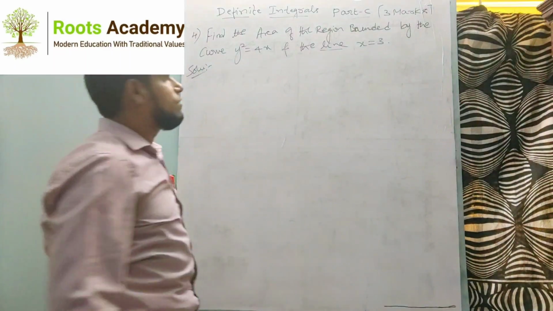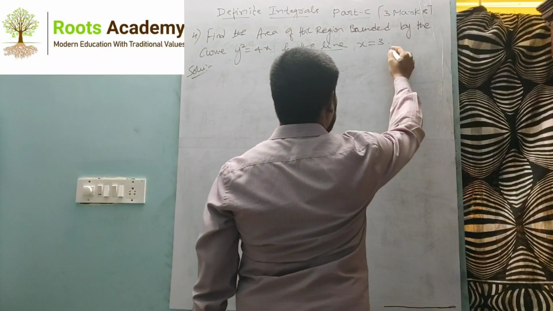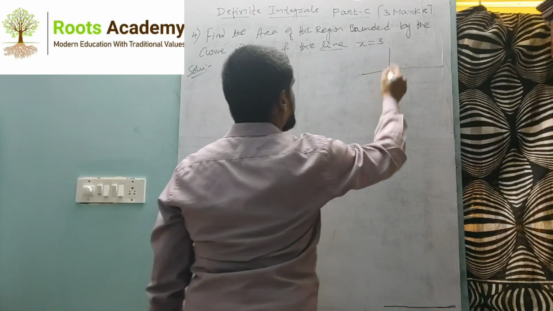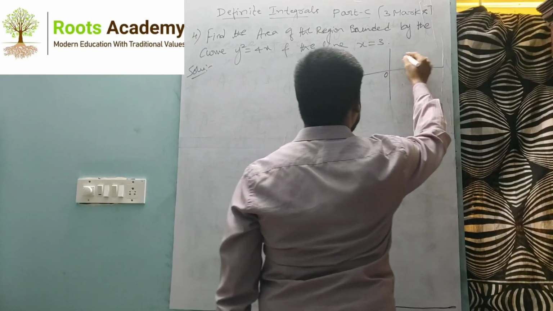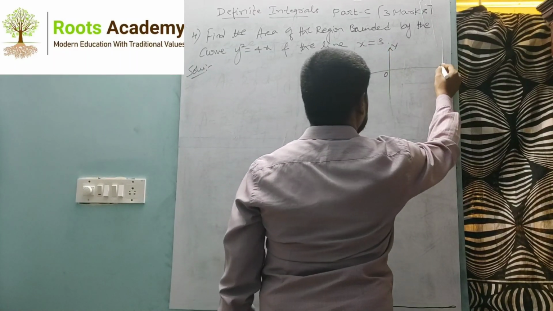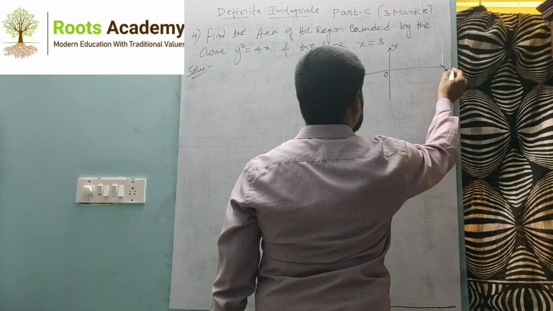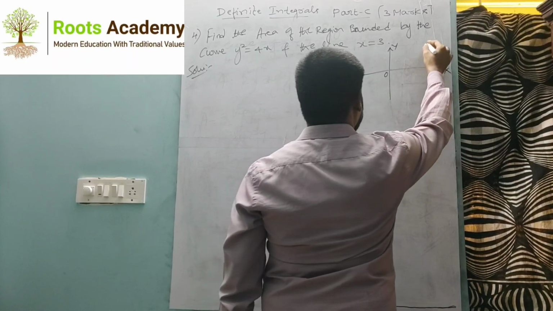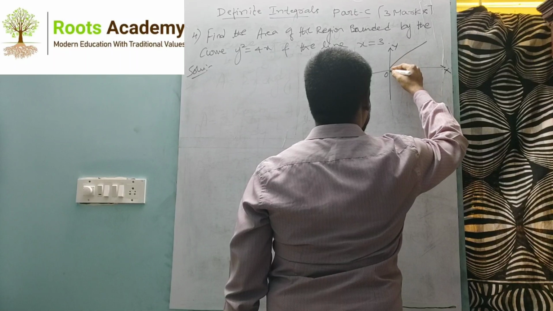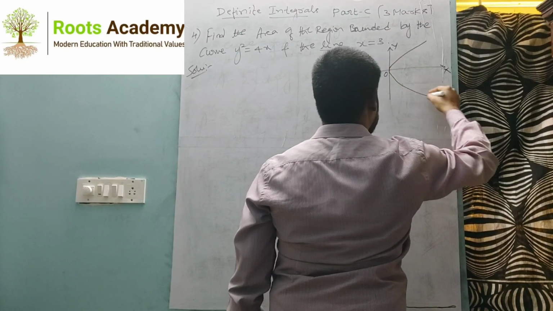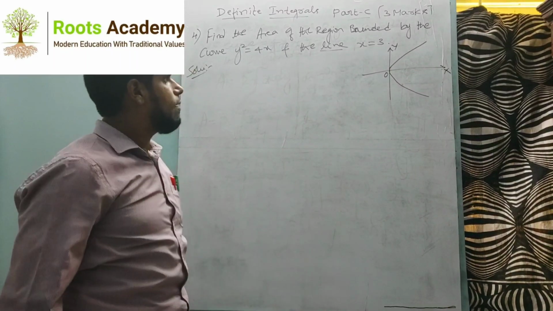Solution. First, let us plot the graph. Since it is on the x-axis, this is origin, positive y, positive x, and this is the curve.